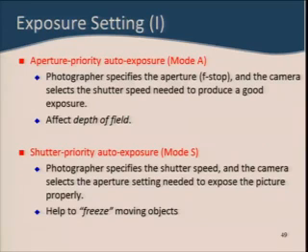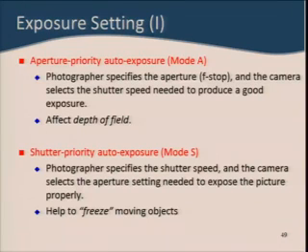For aperture priority auto exposure, the user decides what aperture setting you want to set. The user makes the decision whether you want a small aperture opening or a large one. Once the user has decided, the camera will take over and decide how fast the shutter speed should be.